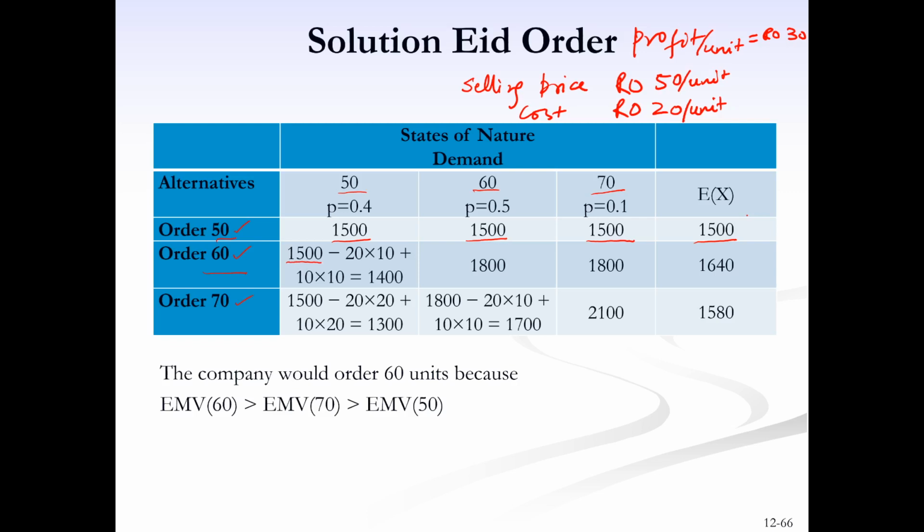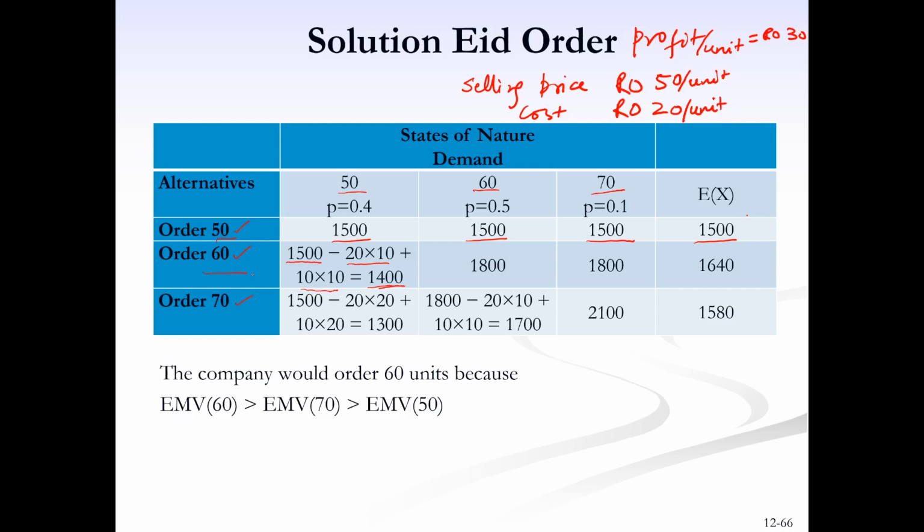When 10 units are unsold, their cost is 10 multiplied by 20, which is 200, but these 10 units can be sold to the discount store at 10 Riyal per unit. So 10 multiplied by 10 is 100, and this is again a profit. So we have 1400 altogether, this payoff.